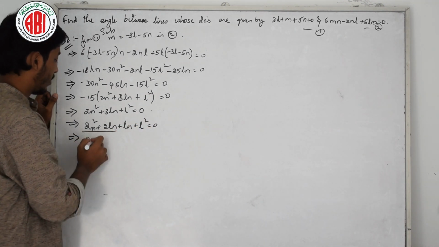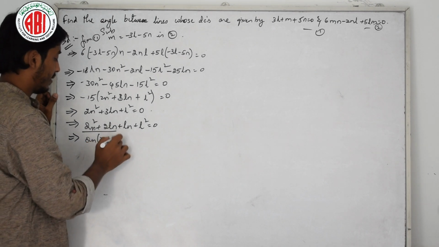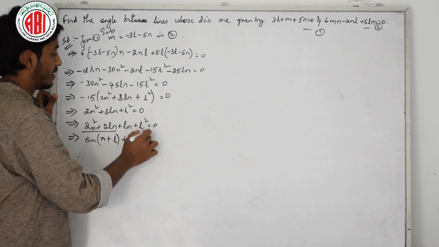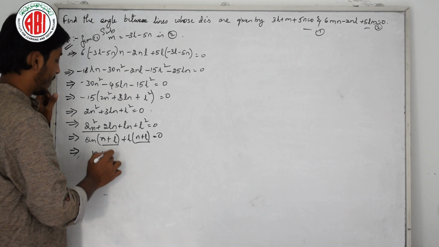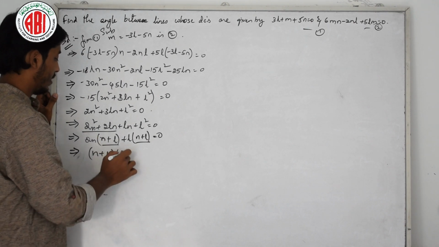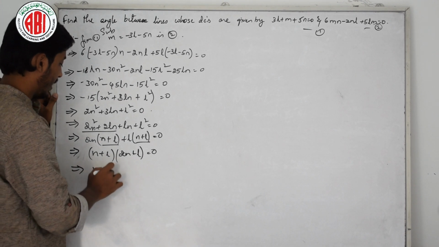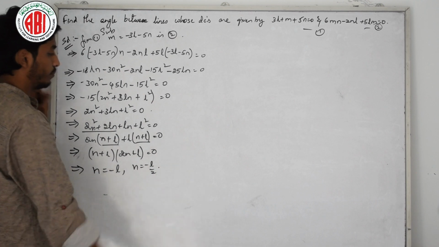If I take 2n common here, I will get n plus l. Here if I take l as common, I will get n plus l, that is equal to 0. Therefore, after taking n plus l as common, I get 2n plus l is equal to 0. Therefore, I get n is equal to minus l or n is equal to minus l by 2.